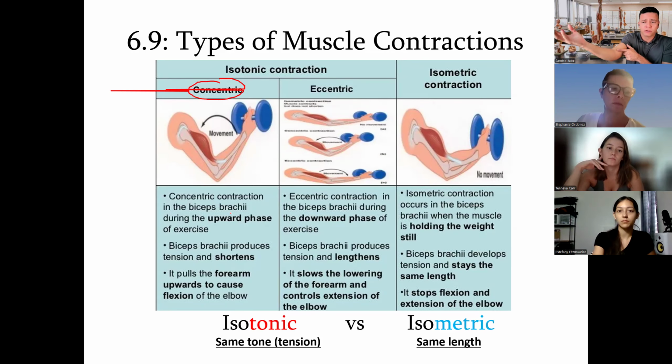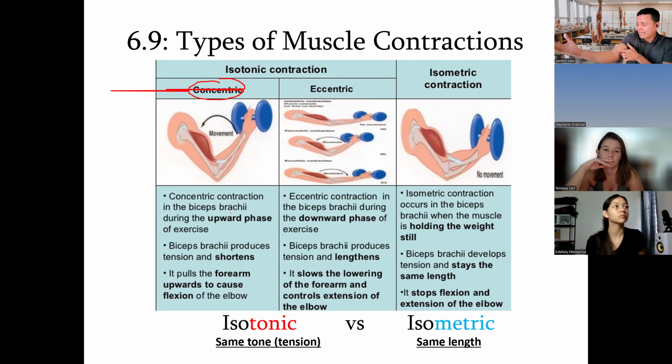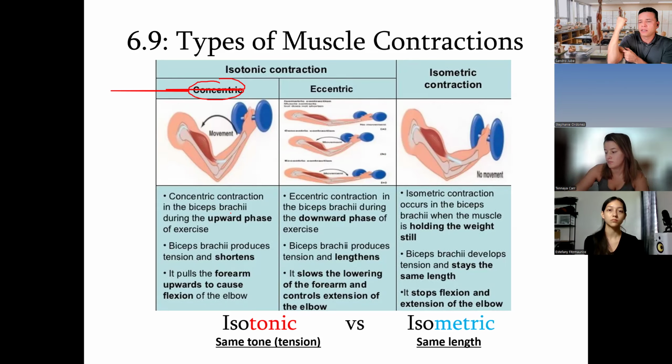It's becoming shorter, right? We know that when we contract, the muscle becomes shorter. So this here is an isotonic contraction because the tension in the muscle doesn't change, but the length of the muscle does change. And because now my muscle is becoming shorter, this is what we call a concentric isotonic contraction.